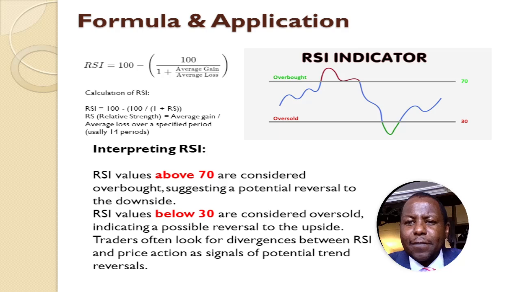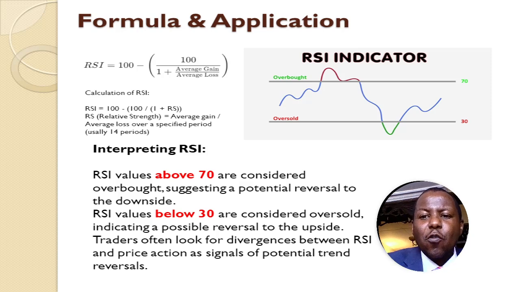It's there to show the oversold market condition, and it's also there to show the overbought. Overbought will be at the top there. It has been bought. It's at the top. Oversold will be down here, below 30.